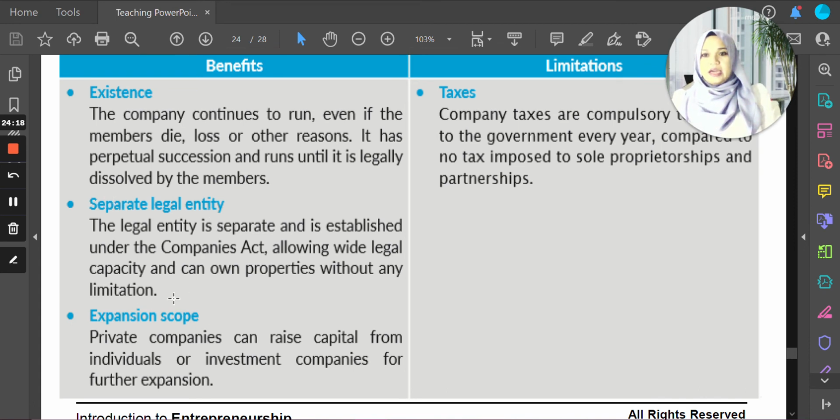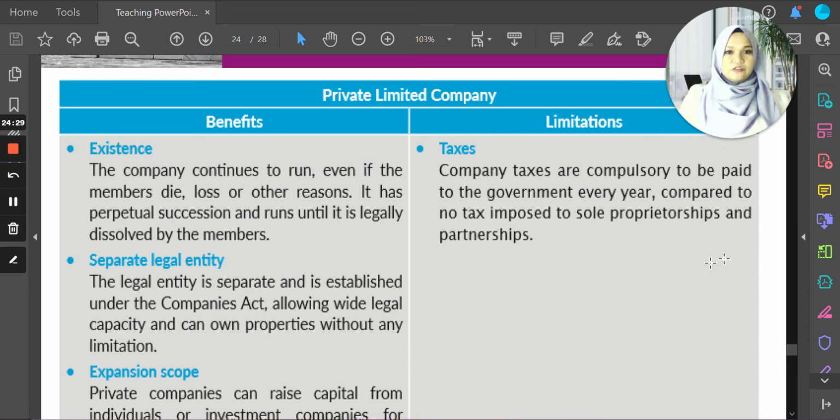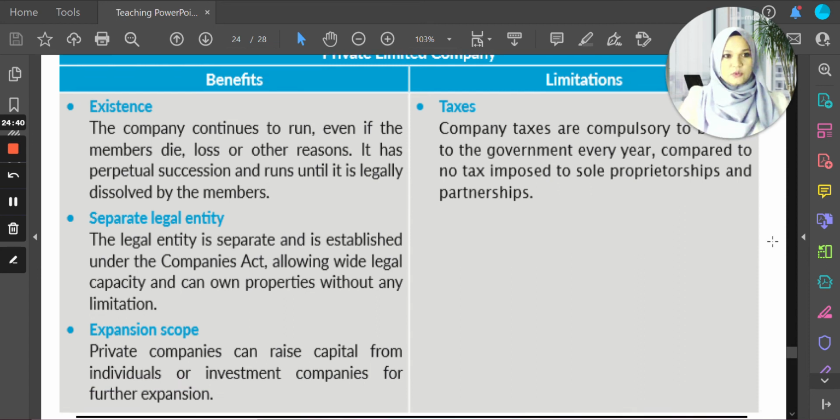And when you're talking about expansion scope, private companies can raise capital from individuals or investment companies for further expansion. Another limitation of a private limited company is also the tax. Other than the partners paying income tax themselves, the company itself needs to pay corporate tax as well.